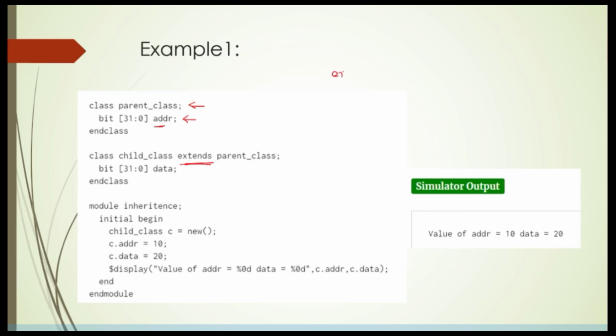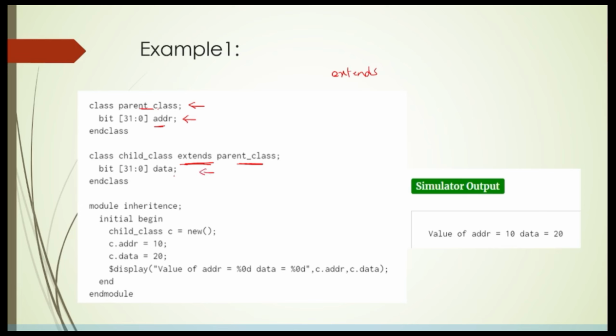When you use the extends keyword along with the parent class name, that is called the inheritance property. Now what happens, class child class, it is extended from parent class. So whatever properties and methods are there in parent class are inherited by this child class also.